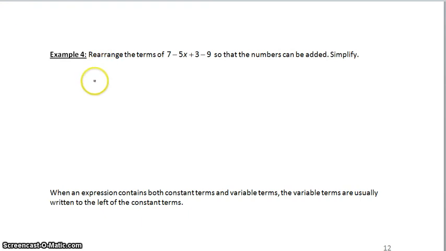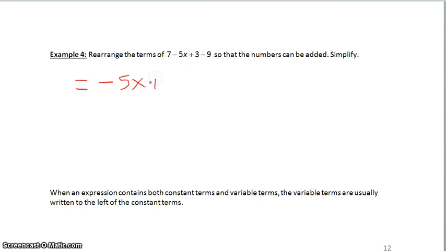Now we look at example 4. It says rearrange the terms of 7 minus 5x plus 3 minus 9 so that the numbers can be added. And it asks us to simplify. So what I would suggest first is let's move the variable to the front. So we will have negative 5x first, and then we will shift all of the numbers.